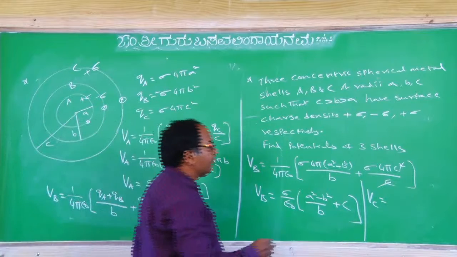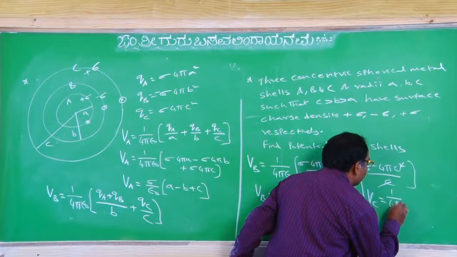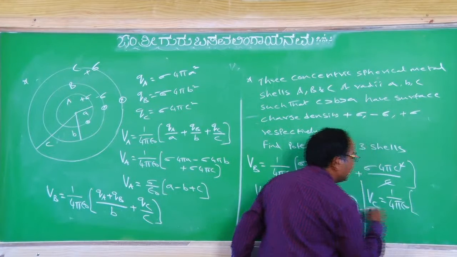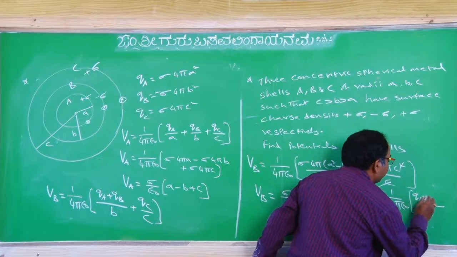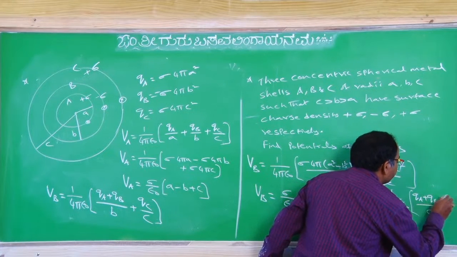So at the third sphere, we see how we write 1 by 4 pi epsilon naught. Only the third sphere we should consider. So at C, here what? QA plus QB plus QC.